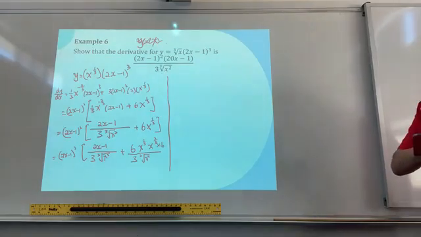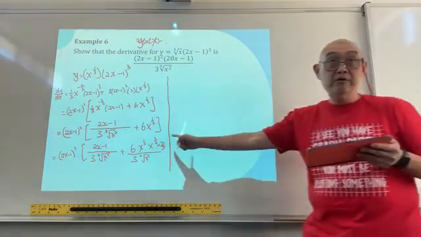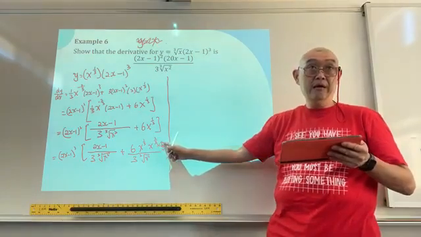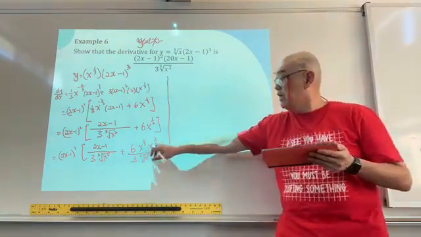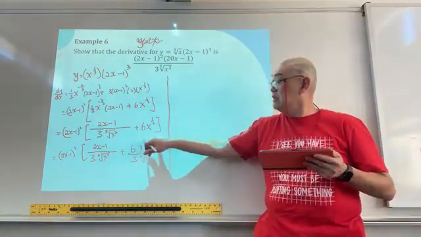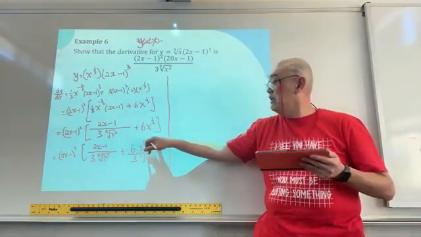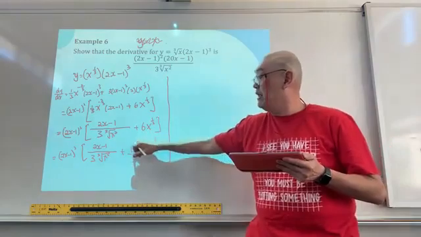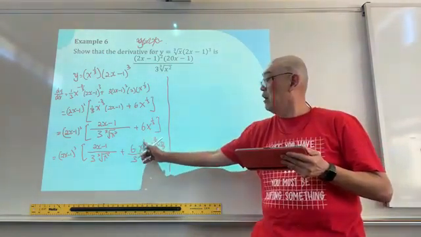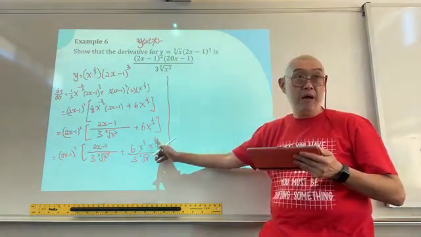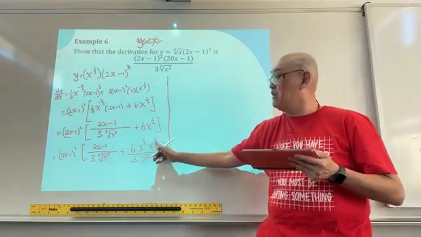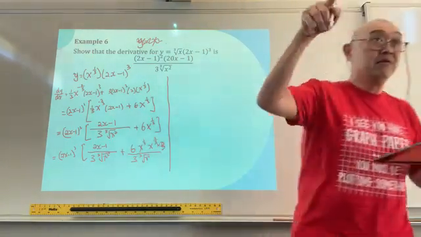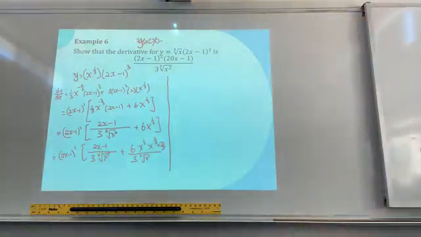Correct? Yeah? Do you agree with me? So I've got to change that here. The reason I'm writing this x to the power of 2/3 is I want to see what I'm getting here, which is x to the power of 1/3 times x to the power of 2/3 will give me x to the power of 1.